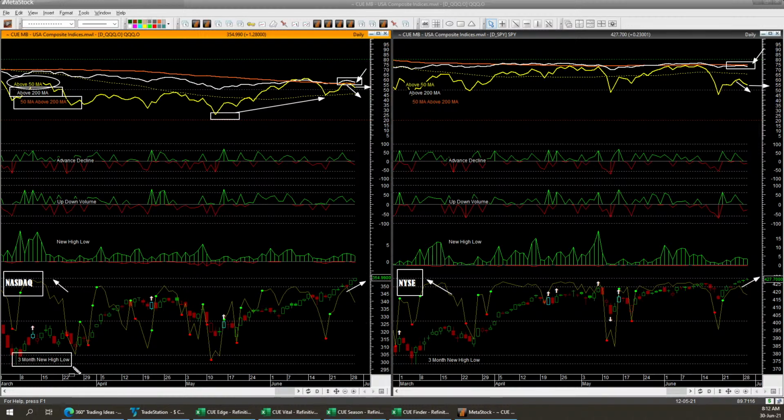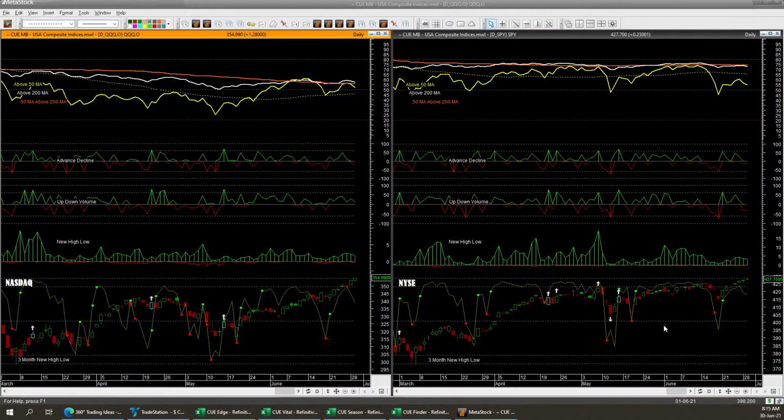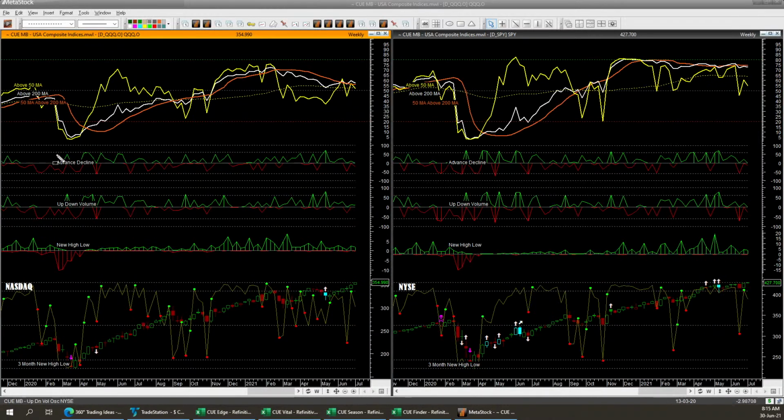Another market level indicator, the 3-month new high low, also came down on both Monday and Tuesday for both Nasdaq and NYSE. That also shows that there was no broad market participation when the market made new all-time highs for SPY and QQQ on Monday and Tuesday. And if we look at the weekly interval, advanced decline and up-down volume is showing clear bearish divergence for both Nasdaq and NYSE.